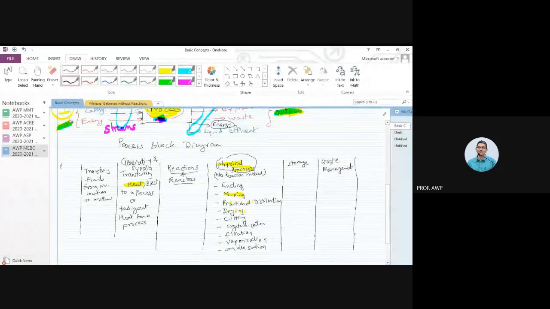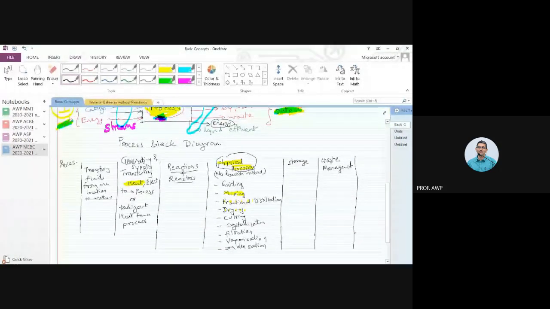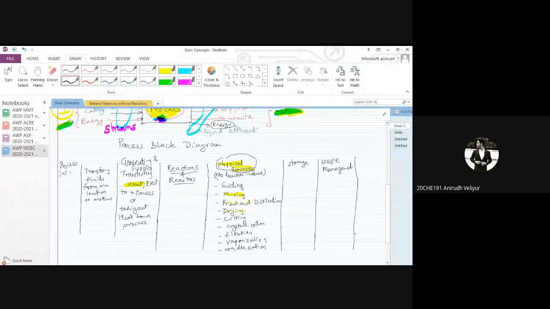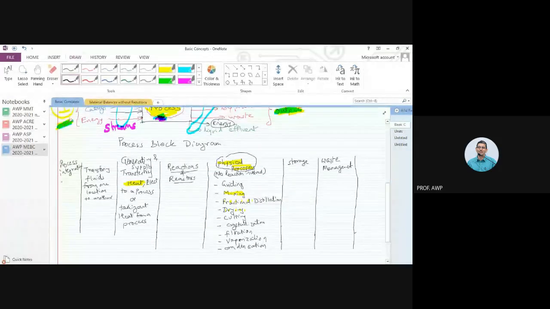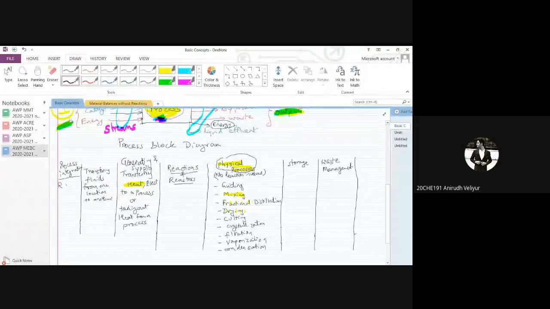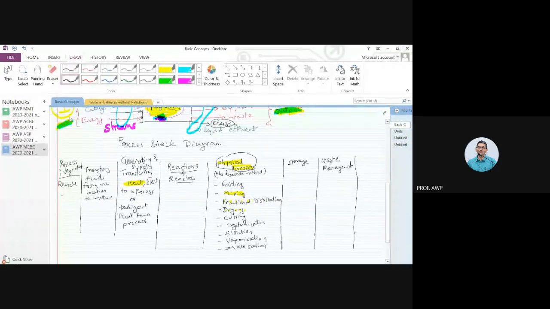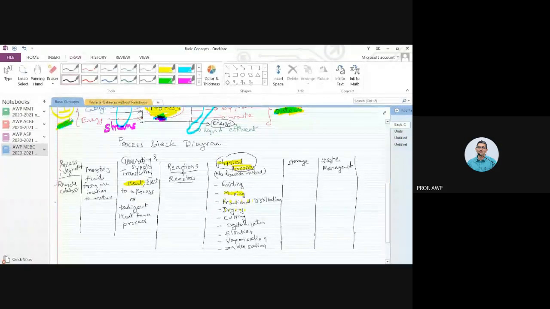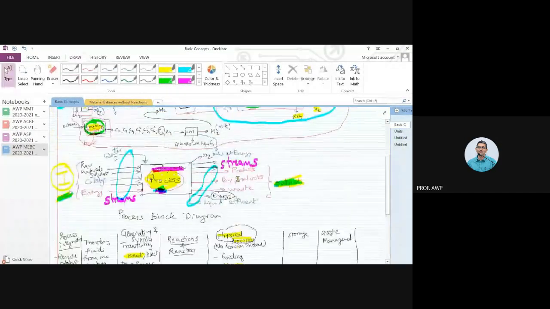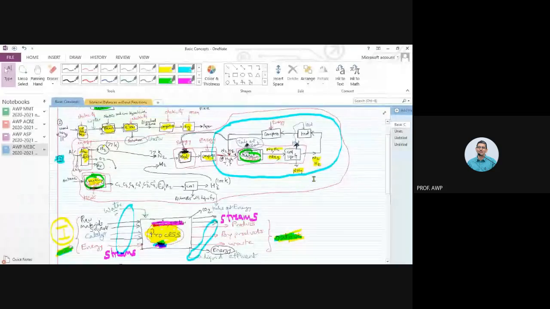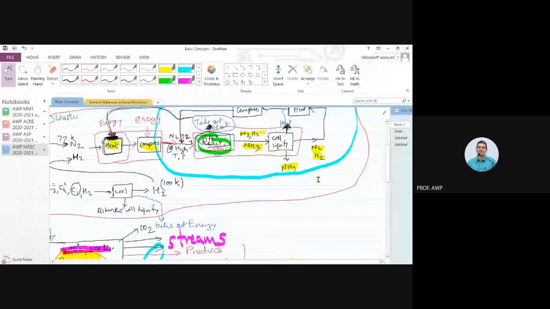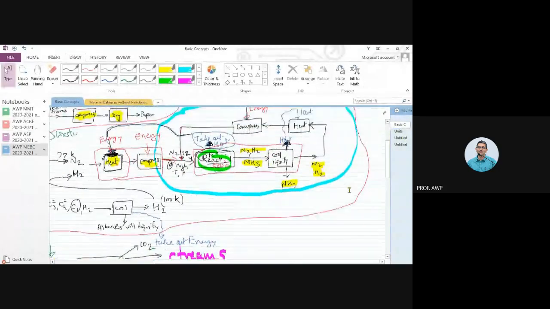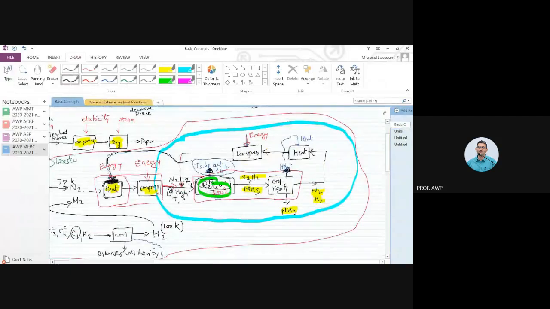process integration. Yes, sir. So maybe you even recycle the energy. Correct. Energy, I'm just coming to that. You might recycle the catalyst, but you see here the nitrogen and hydrogen that you have supplied, you are recycling that nitrogen and hydrogen back to the process.